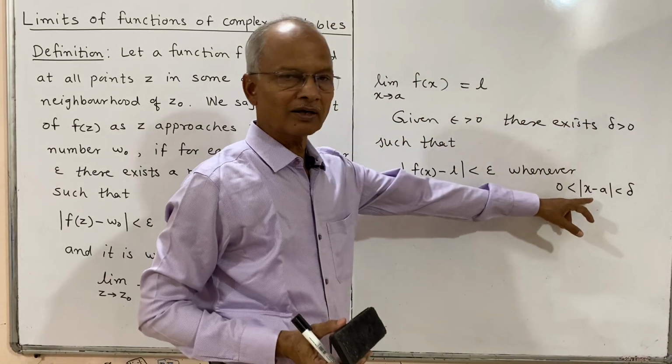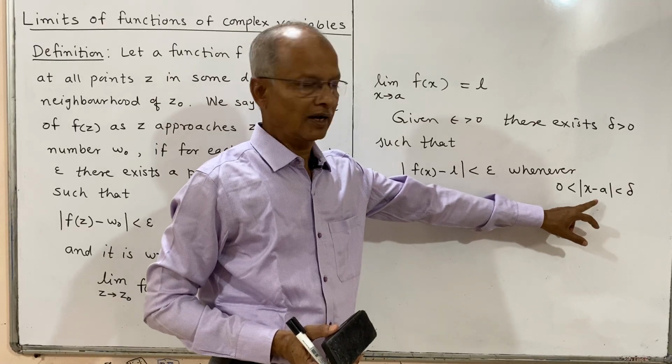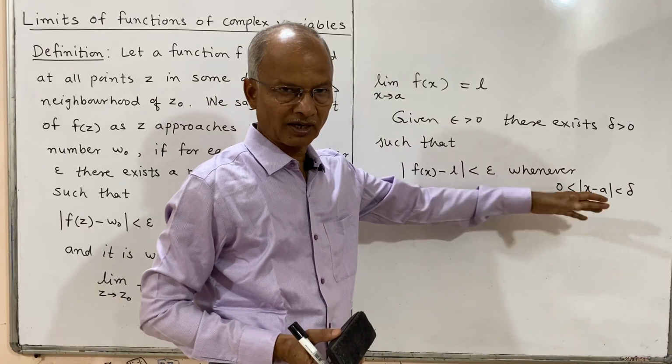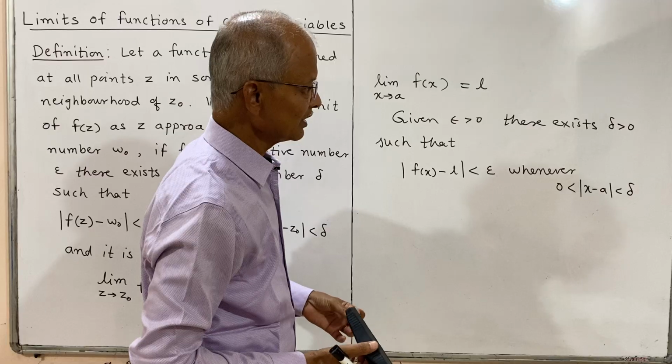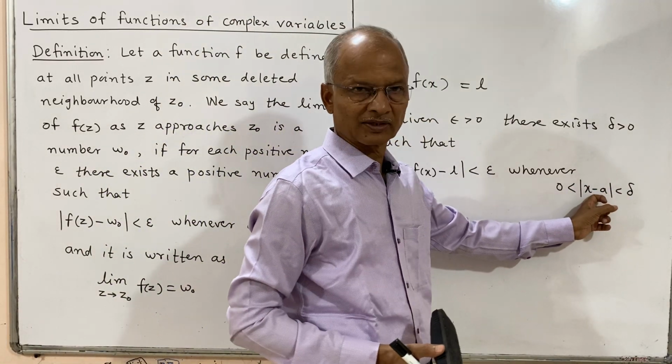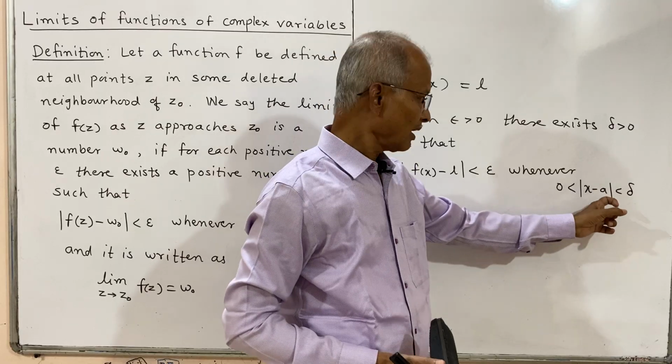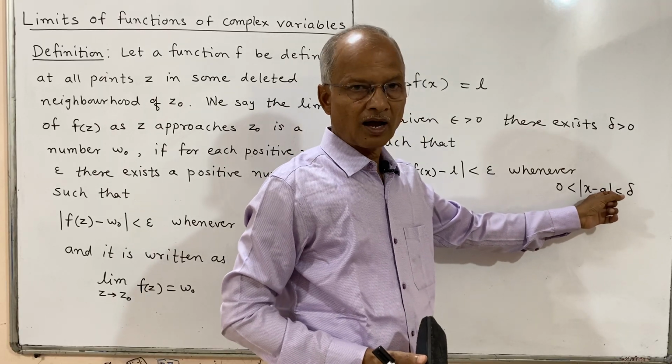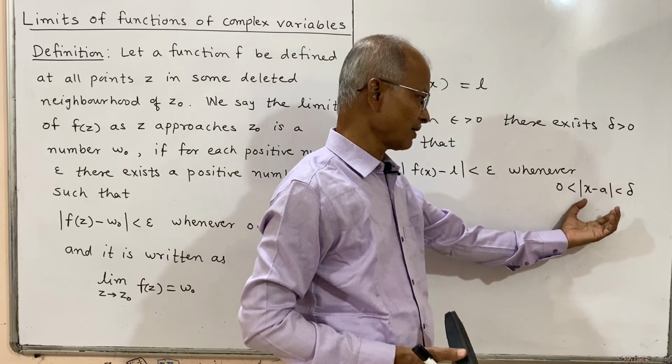Here x may not take the value a, and therefore this is a deleted neighborhood. Earlier we have also seen what a deleted neighborhood is: those points which are within delta distance from a are considered in this neighborhood.